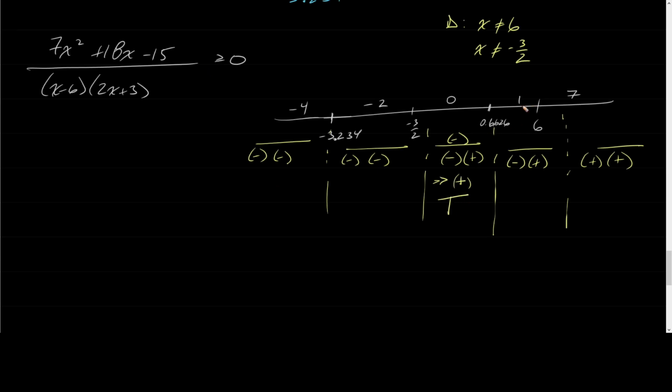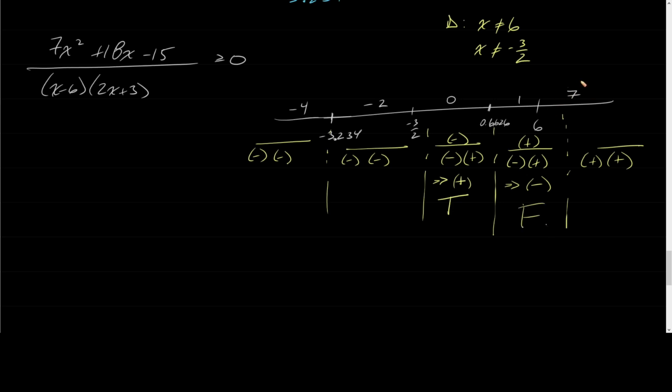Let's plug in 1. 1 is the next easy thing here. 1 squared is 1, 7 times 1 is 7, 18 times 1 is 18, 7 plus 18 minus 15, that's positive. Overall here we have 1 negative, so it is going to be negative. Is a negative greater than or equal to 0? No, it is not. So in here we say false.